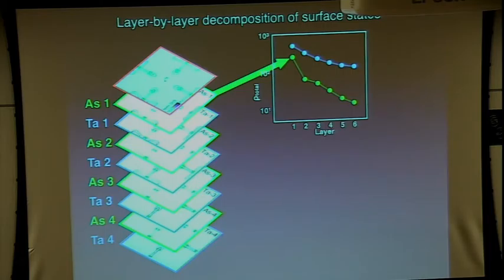When you cleave the two, one of them could be very stable, and the other one could reconstruct. It doesn't have to. The one that's atomically beautiful gives you the Fermi arcs that you expect for the arsenic surface. Does that make sense?